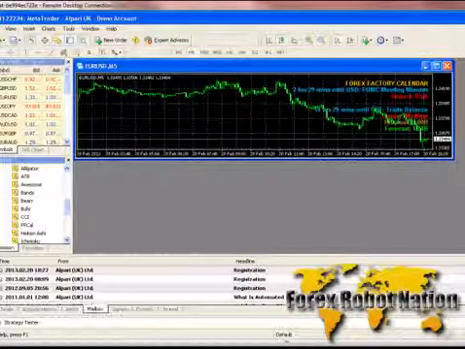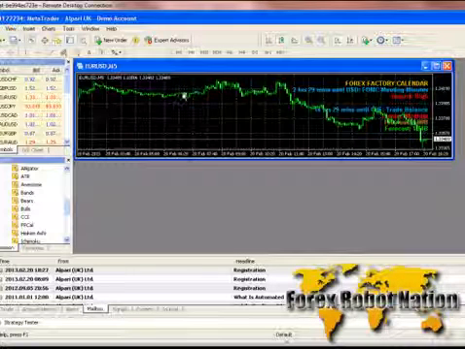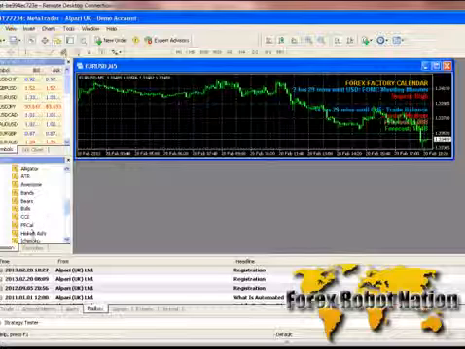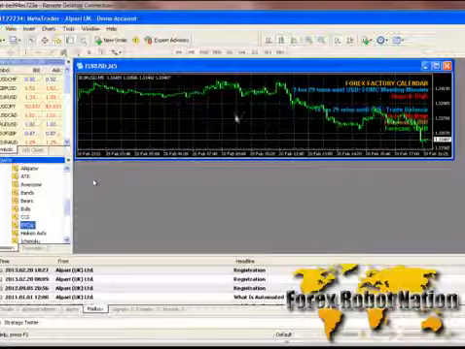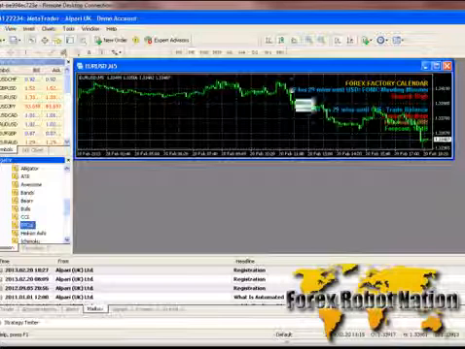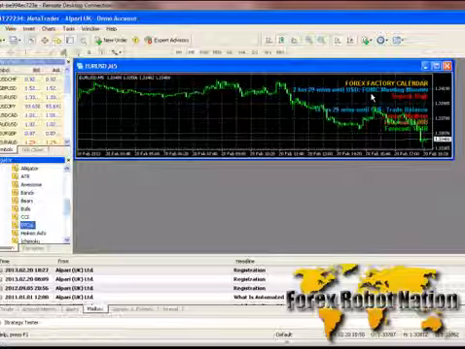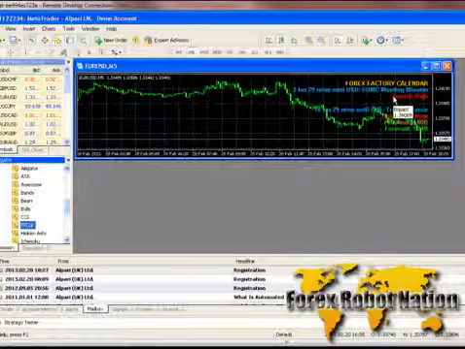Hey guys, so now I'm going to show you how to use the DST offset. Now this is pretty simple. What I did here is I took the FFcal indicator and I dragged it onto the chart. See, now we can see here in 2 hours and 29 minutes there will be the USD FOMC meeting.